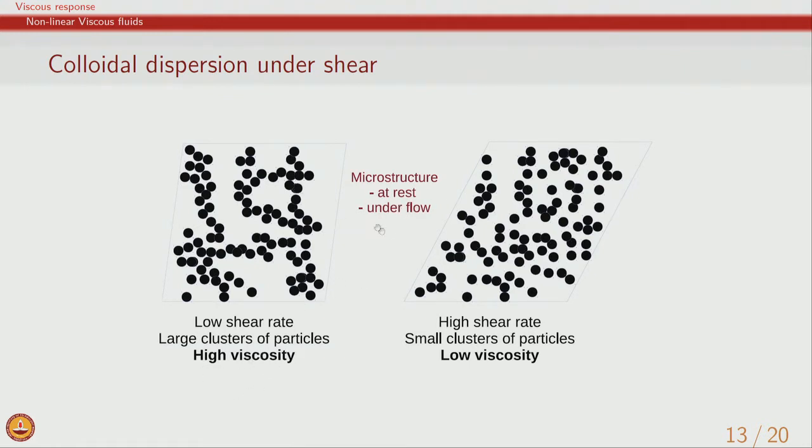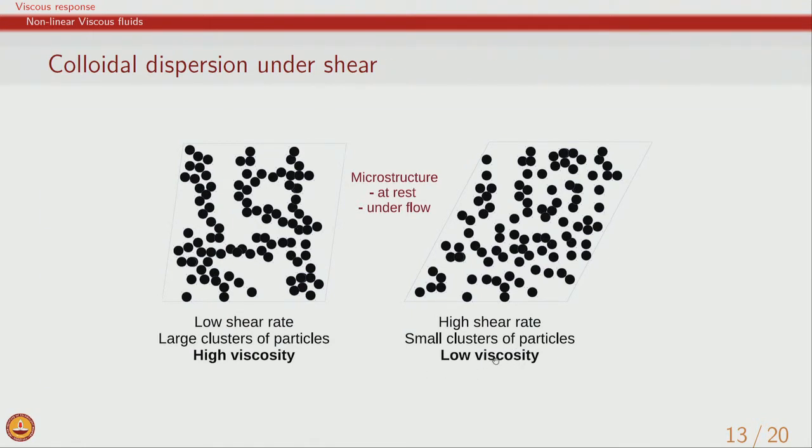But if we apply a shear rate and that shear rate is reasonably high, then these particles move at different relative velocities, and the particle interaction in terms of attraction can be overcome due to the shear field, and therefore, the large crystals can actually now break up into smaller crystals, and therefore, the viscosity can be lower.